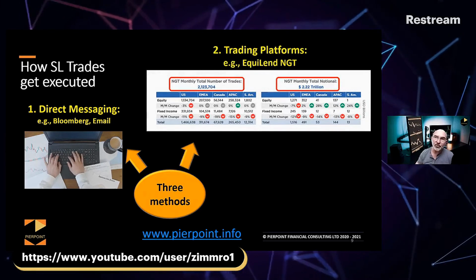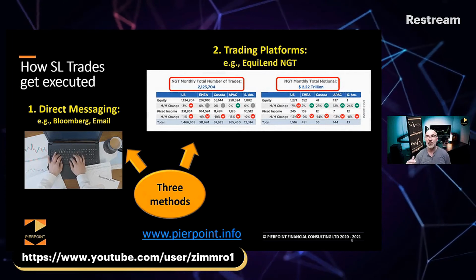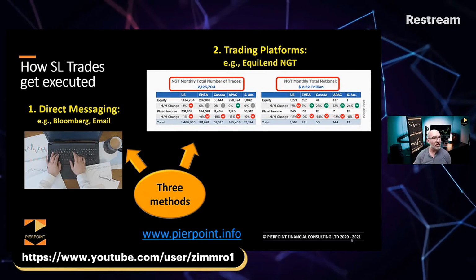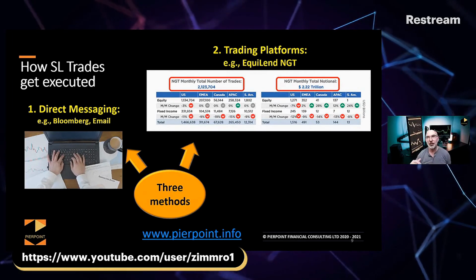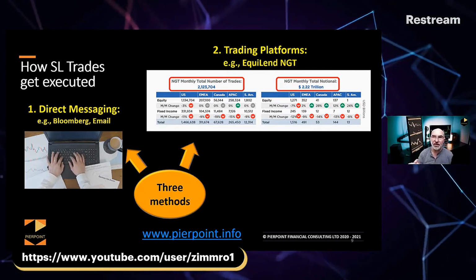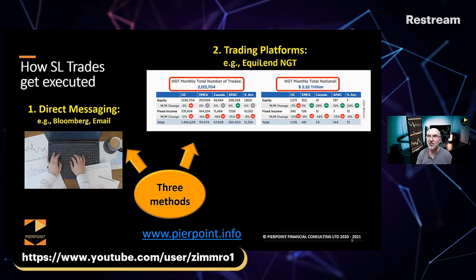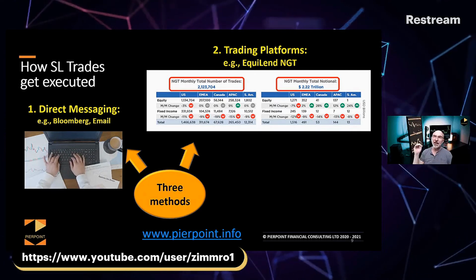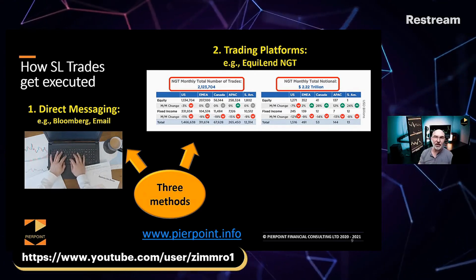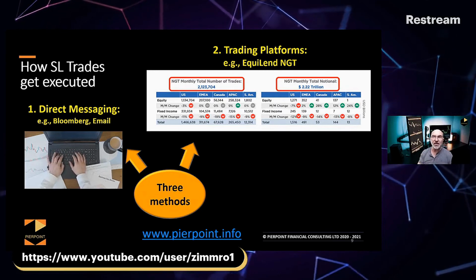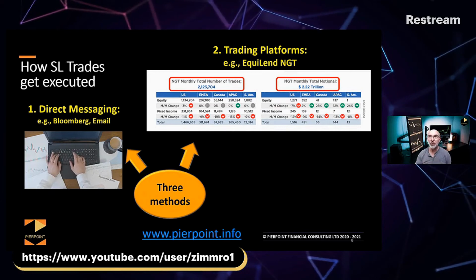The majority of trades get done electronically. So these figures, for example, are taken from the Equilend website, and this is from their NGT platform. But you can see here in this example for that month, which might have been June, but I don't remember, 2 million trades were done electronically, and it breaks it down. That's equities, fixed income, and really global assets as well, and with pretty huge values as well.